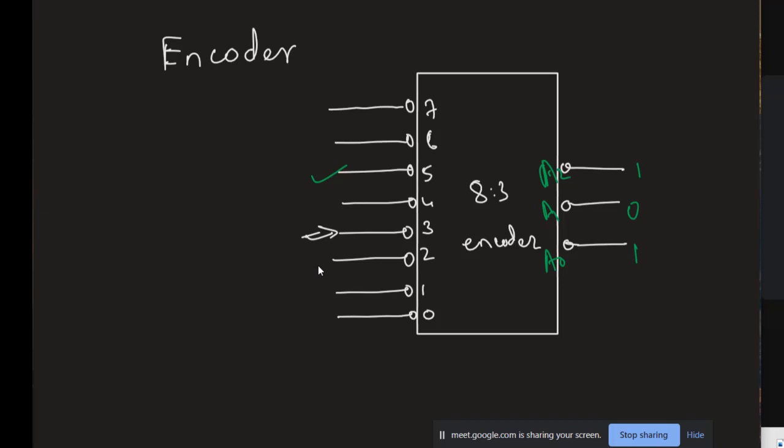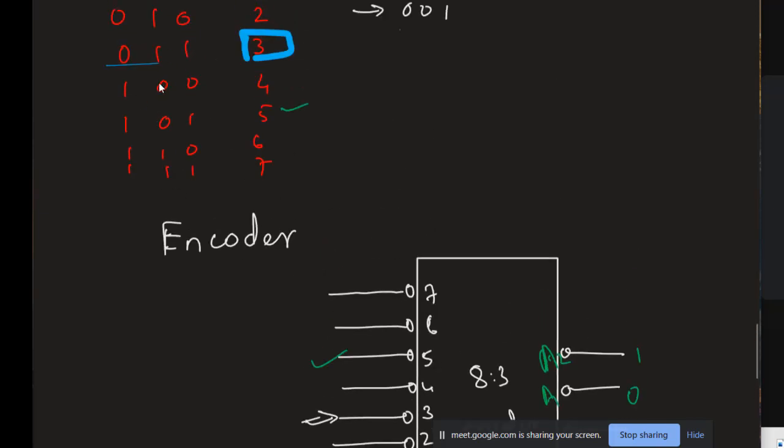And in the encoder, out of 8 lines any one particular line is being activated, and for that particular line the binary code is being generated. 101 is 5 in binary, you can see here. So this code is being generated since the 5th line is being activated. Here it is going like this: the 5th line is activated, so we get this code.